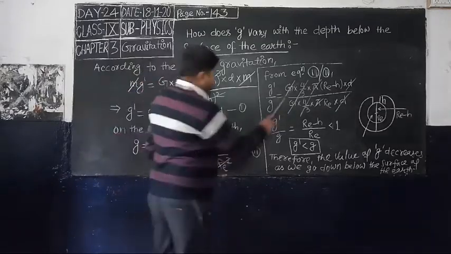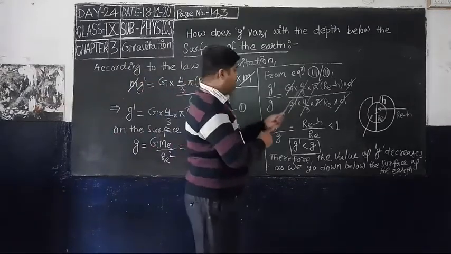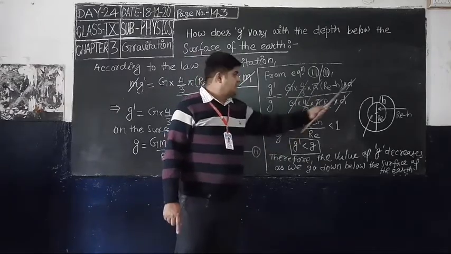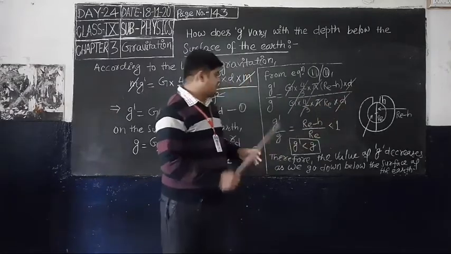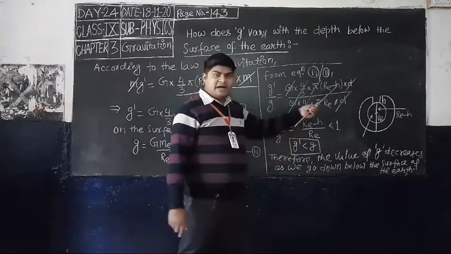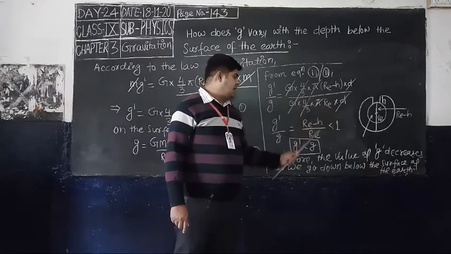G cancels out, 4 by 3 cancels out, pi cancels out, d cancels out. Then the left term is g dash by g equal to (Re minus h) by Re.